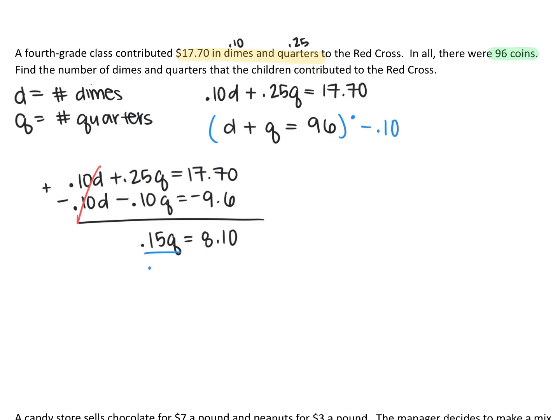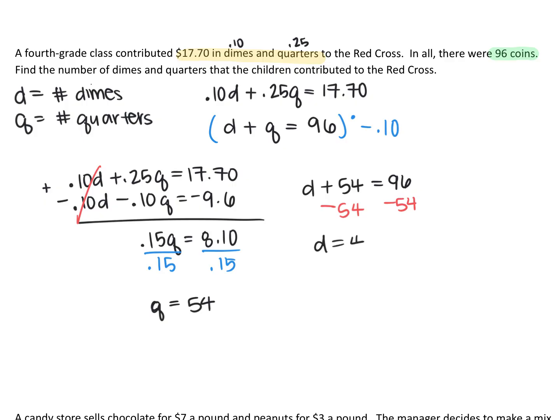Then we will divide by 0.15, and we get that Q equals 54. And then when I'm trying to decide which equation to plug into, I'm going to choose the one that says D plus 54 equals 96. Subtract 54 from both sides, and we get that D equals 42.